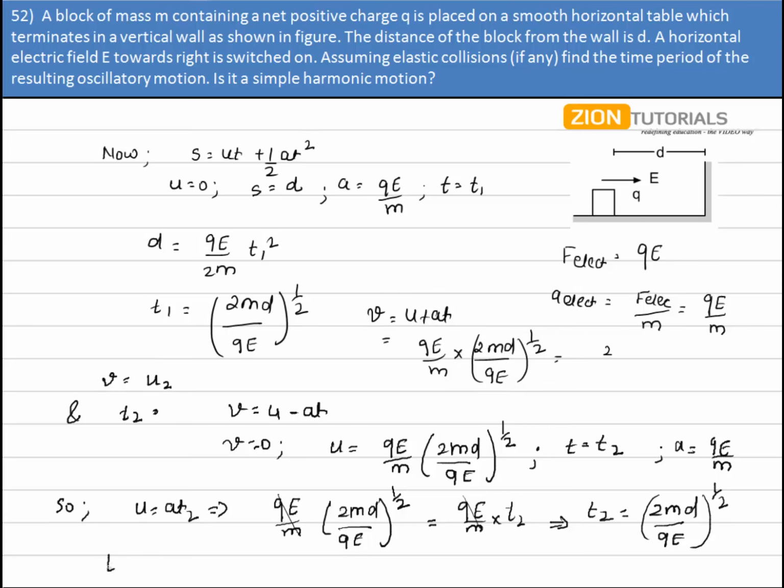So the total time of oscillation that I have to calculate is given by t1 + t2, that comes out to be 2 times (2md/qE)^(1/2). That's the answer.